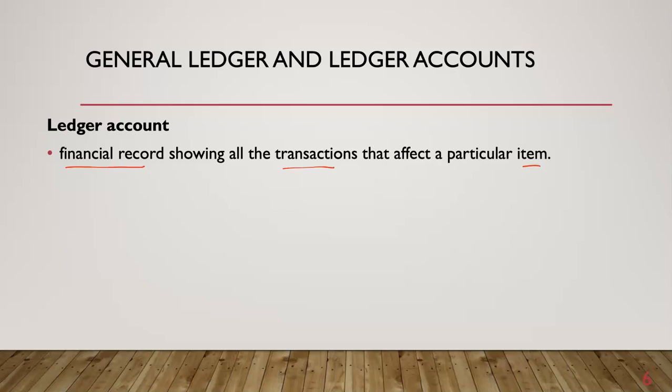These could be any of your assets, your liabilities, your owner's equities, revenues, or expenses. And I don't just mean you list all your assets on one bit of paper. You're going to have a ledger account for your cash, your accounts receivable, your equipment, and so on. So every item that might be impacted by a transaction is going to have a separate ledger account. It's a record.